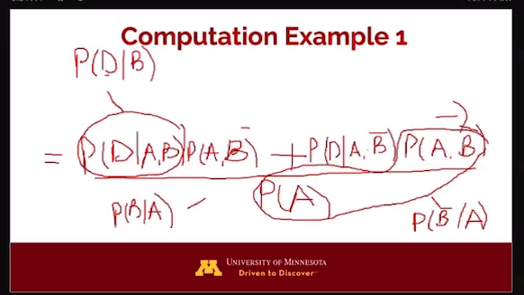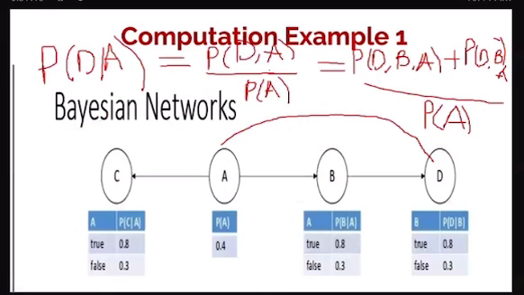Let's go back to the network. This is the network. The probability of D given A B is the same thing as the probability of D given B. That's conditional independence.